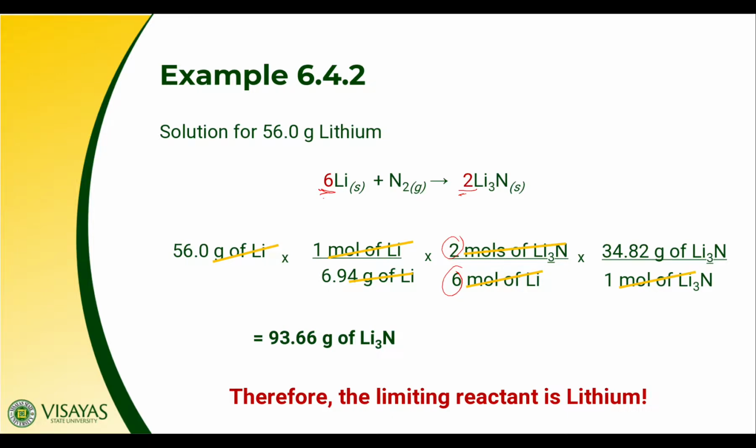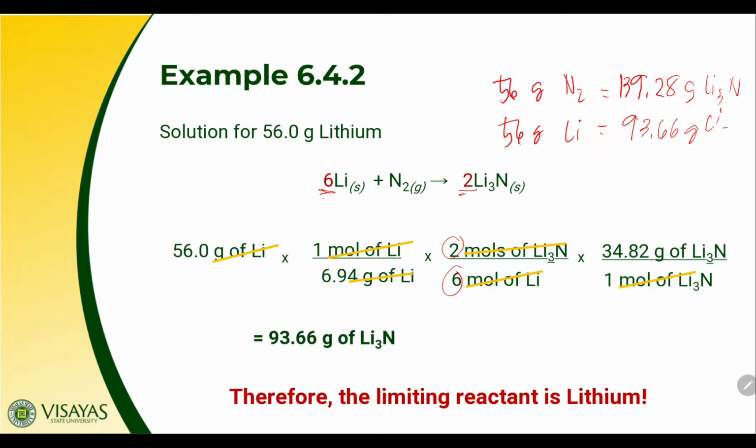It's lithium. Recall that using 56 grams of nitrogen gas we can form 139.28 grams of lithium nitride. Using 56 grams of lithium, on the other hand, we can only produce 93.66 grams of lithium nitride. Okay, so since lithium can only produce 93.66 grams, lithium is our limiting reactant.